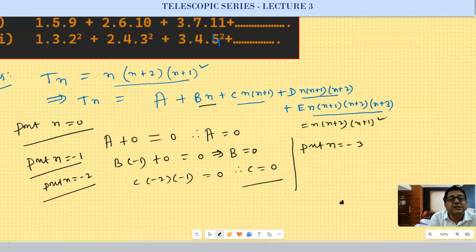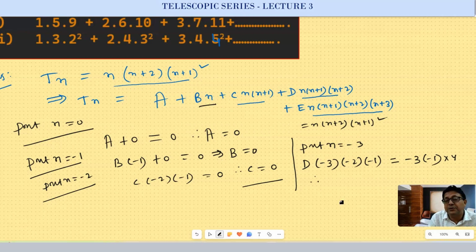n equal to minus 3. If you put n equal to minus 3, here it is going to be this part 0, 0, 0, all we got. D into minus 3, minus 2, minus 1. E will be 0. E's coefficient will be 0. So it will be minus 3, minus 1 into 4.